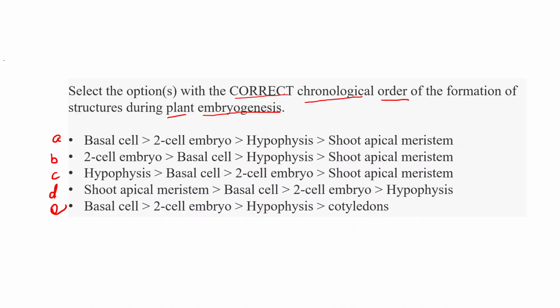Okay. So we have to select the correct chronological order of the formation of structures during plant embryogenesis. Okay. So see, I'll tell you the correct chronological order. So first what happens, that zygote is there.